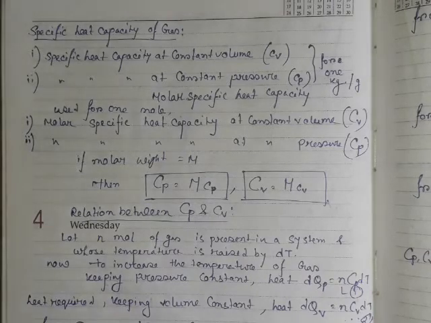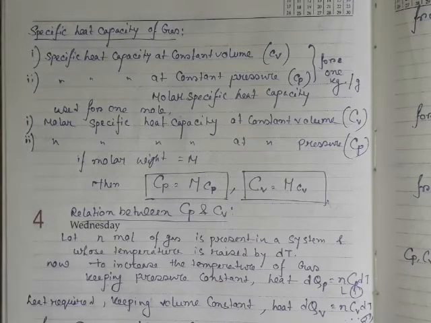So let's start. Now, if you think about heating a gas, you can heat up a gas in different ways. That means you can fix the volume of the gas and then heat it up, or you can fix the pressure of the gas and then heat it up.